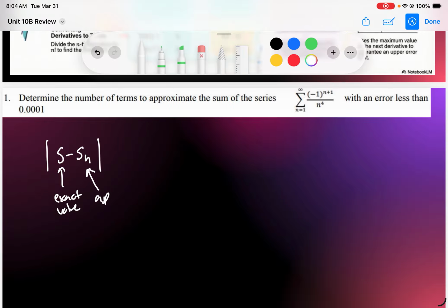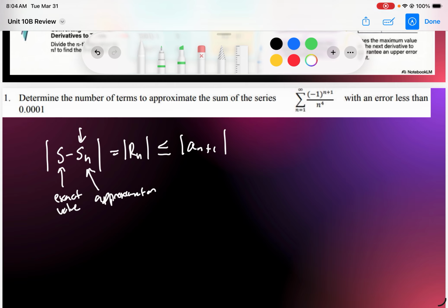And this is the approximation using n terms. That is equal to what we call the error, or the remainder, using n terms. And this is going to be less than or equal to the next term of the sequence. So this is adding up the terms of a sequence to make a partial sum.